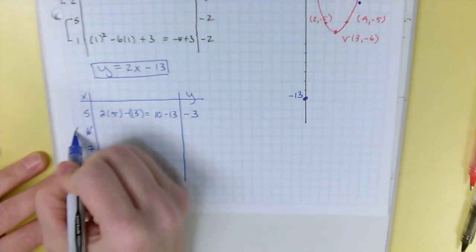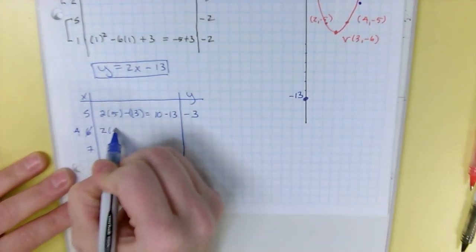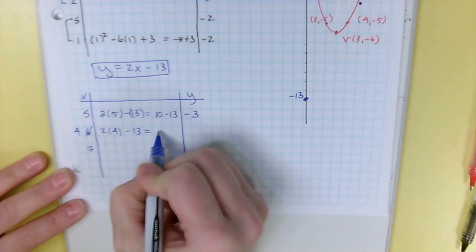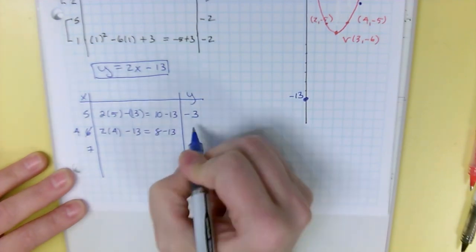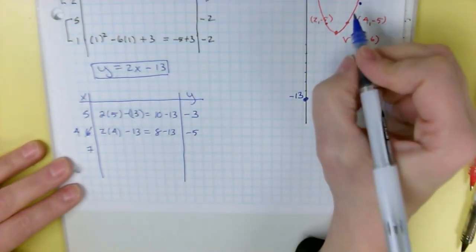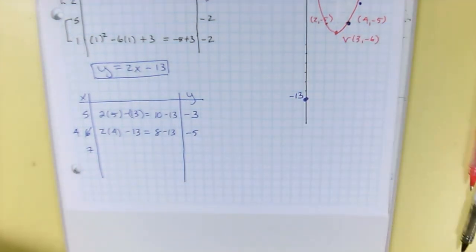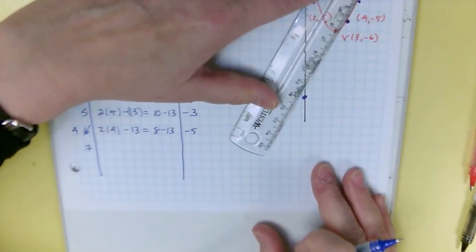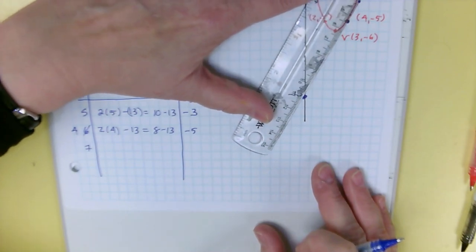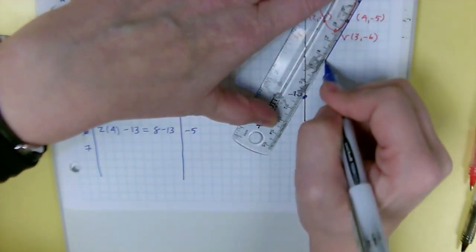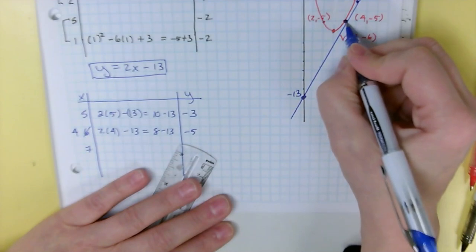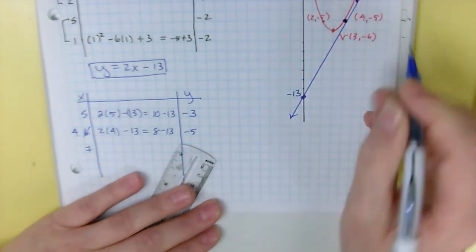I'm going to change this to a 4. So 2 times 4 minus 13 is 8 minus 13, or -5. Aha, right there. So I've got enough values, I can see it's just going to touch at the 1 point. And if you use a straight edge, it's pretty obvious that's the only point it's going to share.